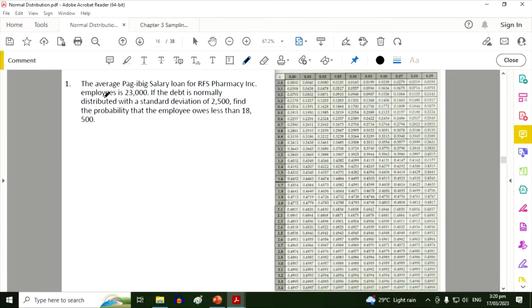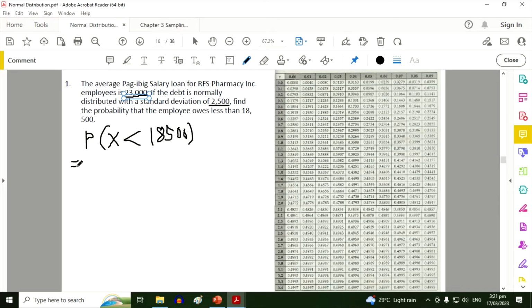So we're given the mean and the standard deviation. We are asked to find the probability that the employee owes less than 18,500.